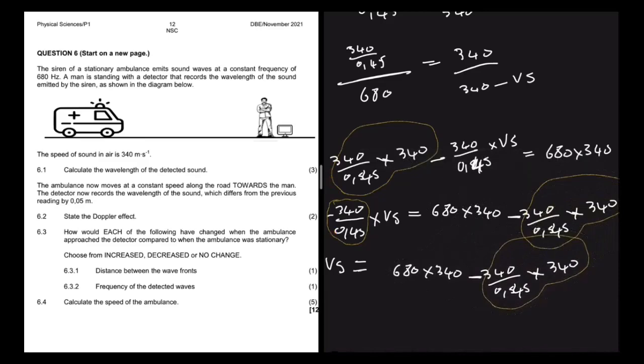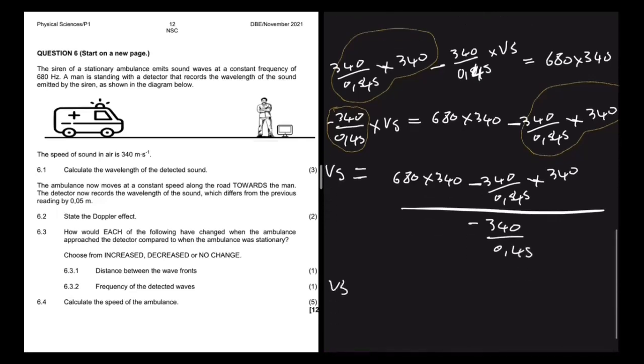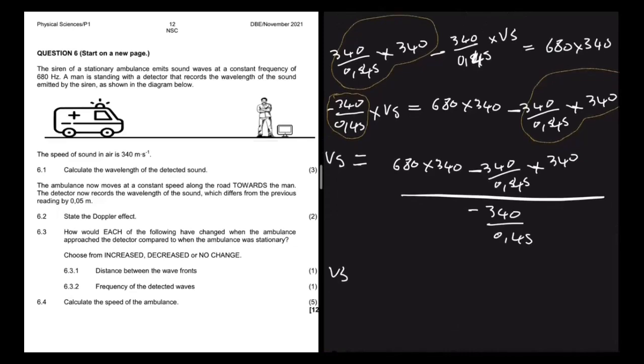So now I have Vs equals this expression divided by minus 340 divided by 0.45. And now I can put this entire expression here in the calculator and determine Vs.